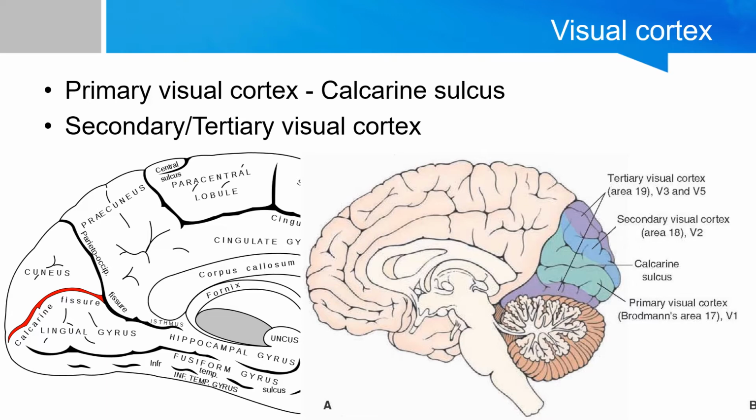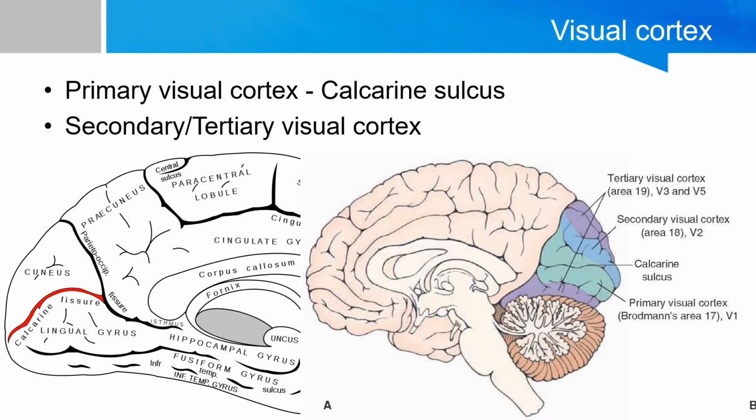The cuneus gyrus lies above it, and the lingual gyrus lies below it. And then we have the secondary and tertiary visual cortex that are directly above it and below it. These are the association cortices that are responsible for integrating visual signals.